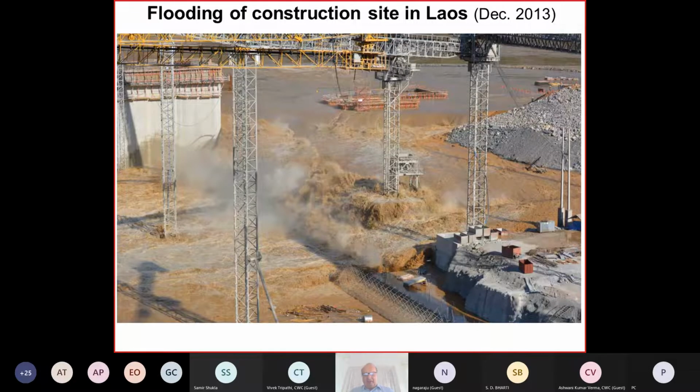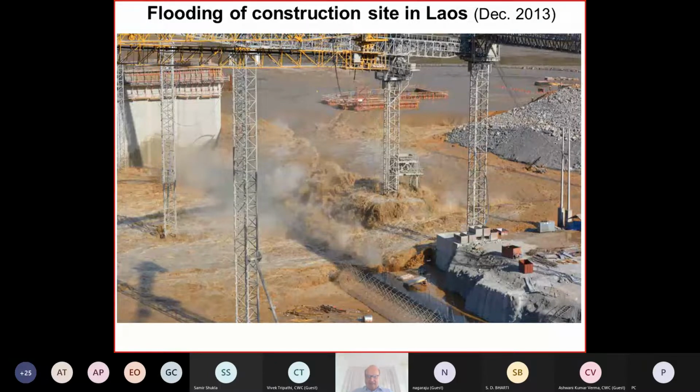We see here another case. This is in Laos, at Sayaburi, on the Mekong River, and in December 2013, there was a flood in the Mekong River in the dry season, a so-called dry season flood, where the water level in the Mekong increased a few meters.